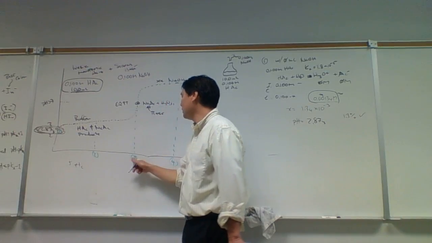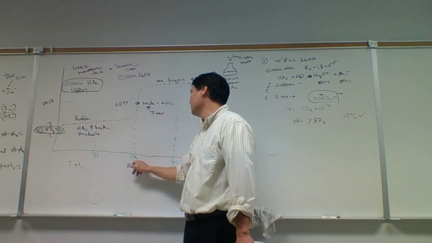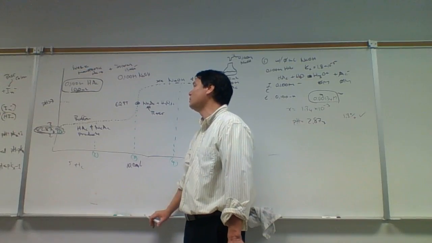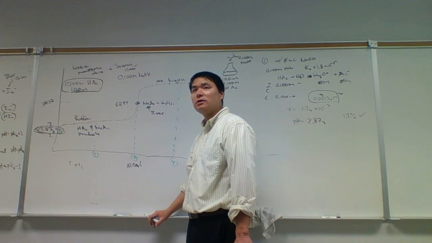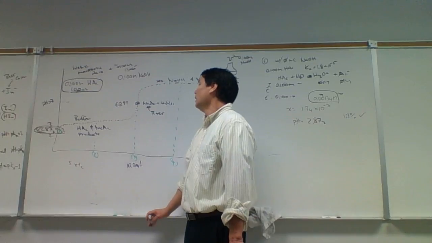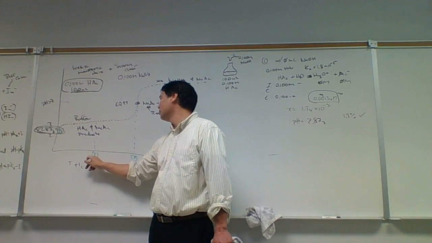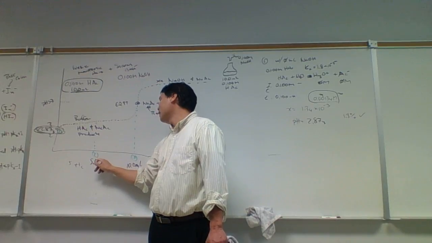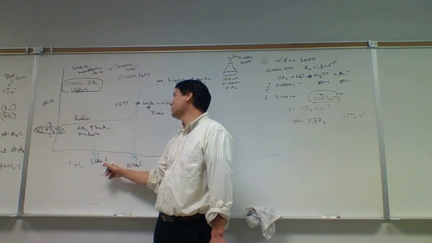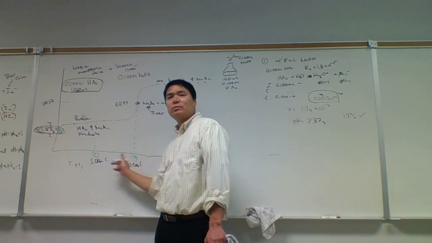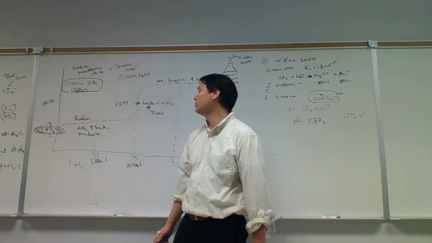At the equivalence point, I need 10.0 milliliters of sodium hydroxide to neutralize 10.0 milliliters of acetic acid of the same concentration. So the equivalence point is 10 milliliters. Half of that would be 5. At 5.00 milliliters, if we give 3 sig figs, that should be half the equivalence point. That is half the amount of acid required.